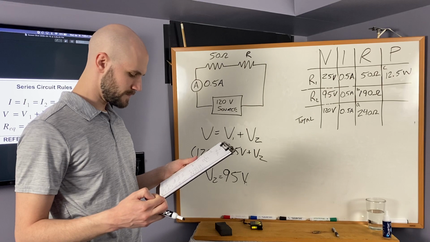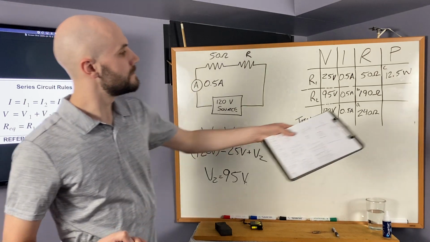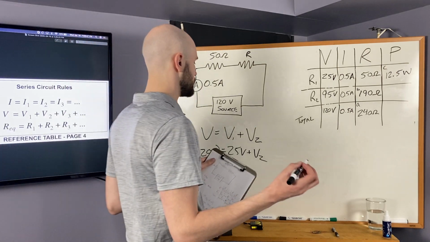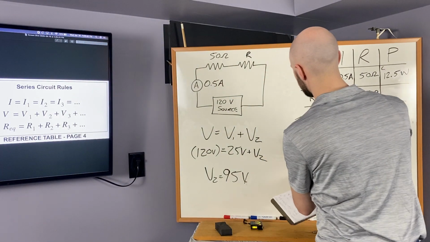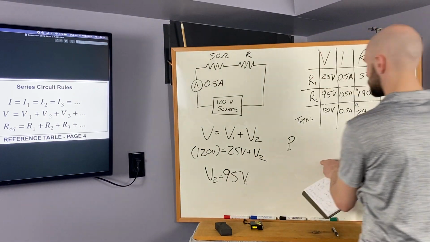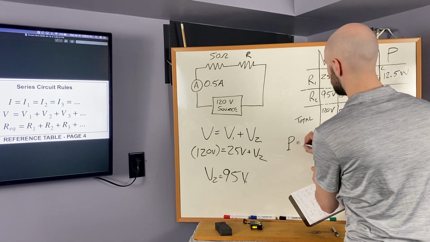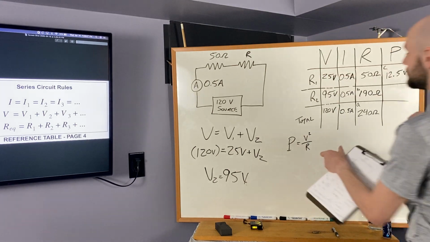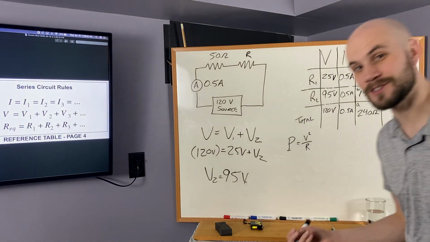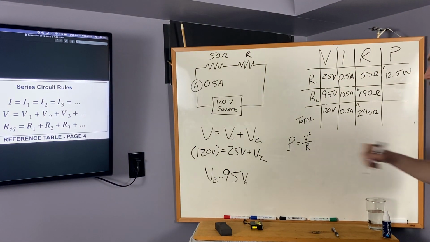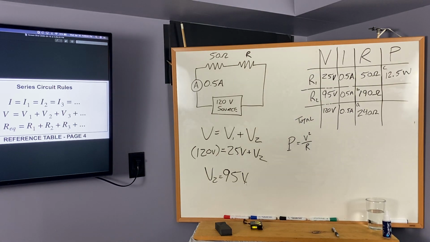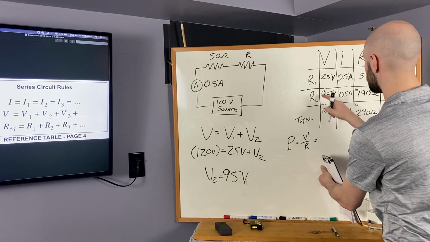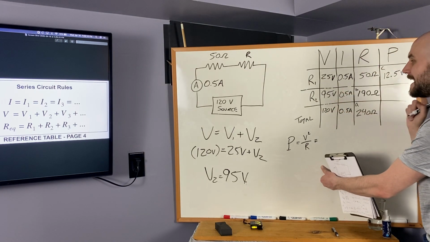All right, let's find the power dissipated here. Let's do something a little different. We'll use V squared over R. I recommend using V times I, much less of a chance to make a mistake, but I just want to remind you of another one of the power equations here. For resistor 2, notice I have 3 different values for voltage.